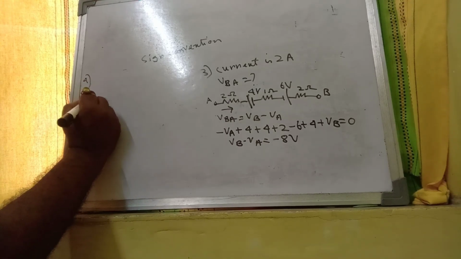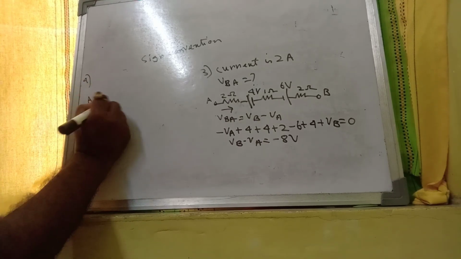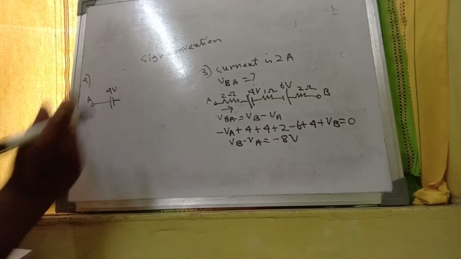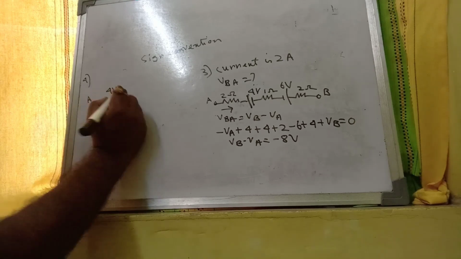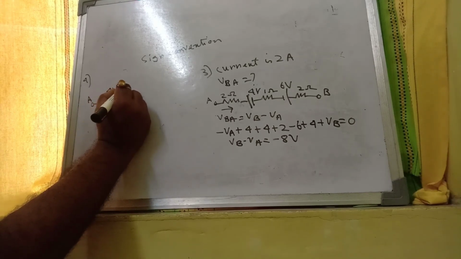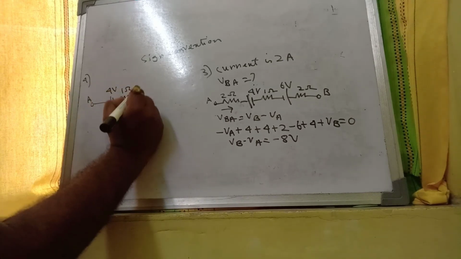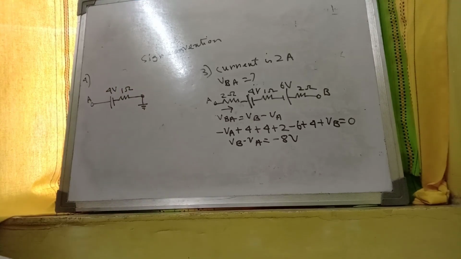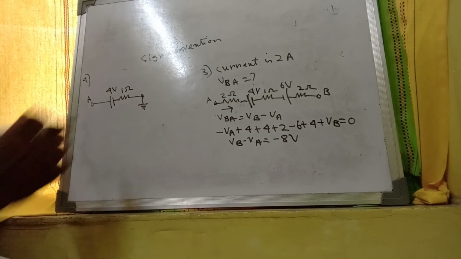So this A, 4 volt. This is 4 volt. 1 ohm. Now there is a point X is grounded. Remember this. So that potential of X becomes 0.